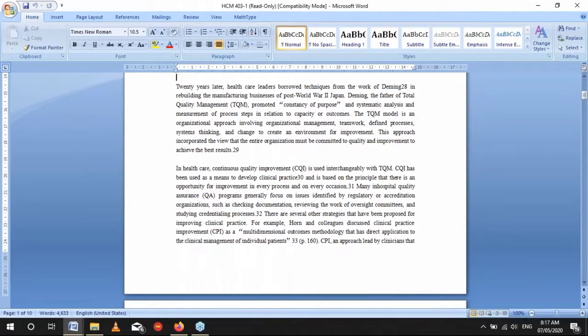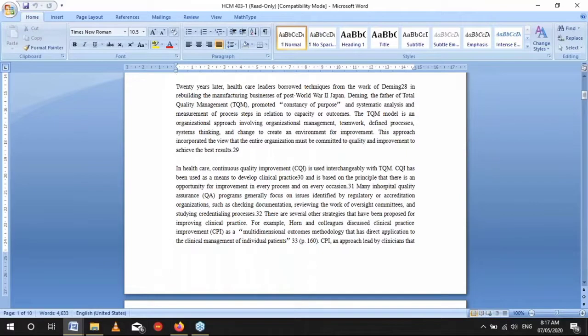Number two, patient-centered care. This can be defined as care that is respectful of and responsive to individual patient preference, patient needs, or patient values. So those are two major ways by which you can facilitate clinical decision making.